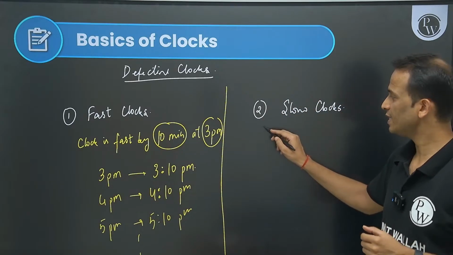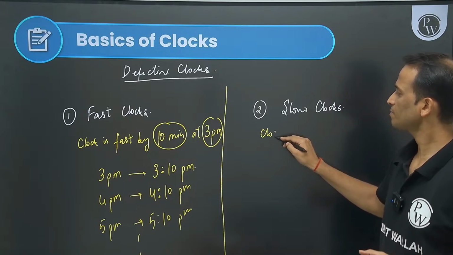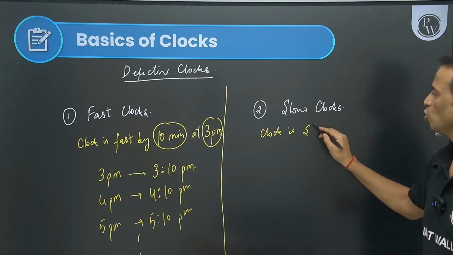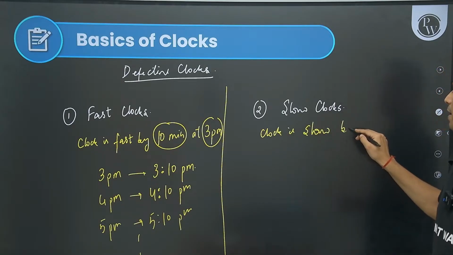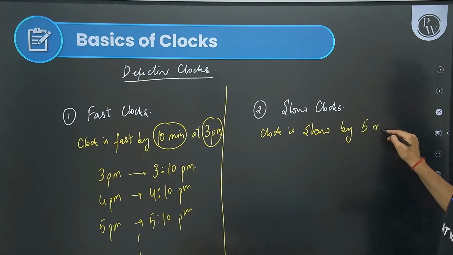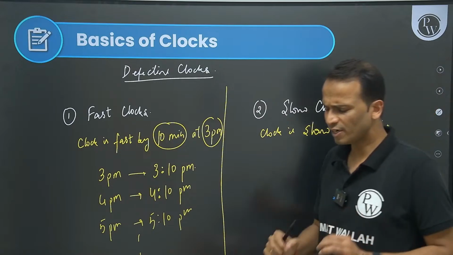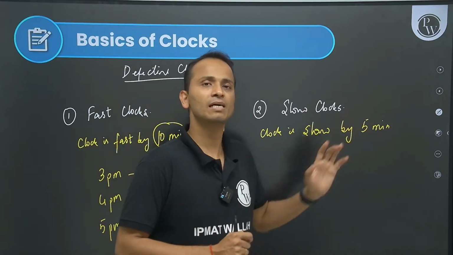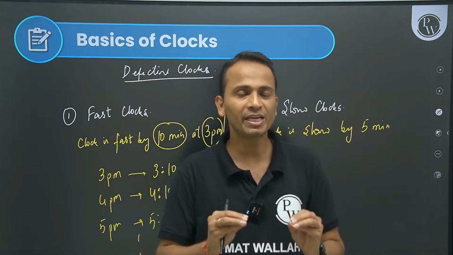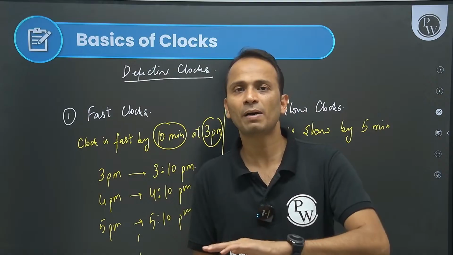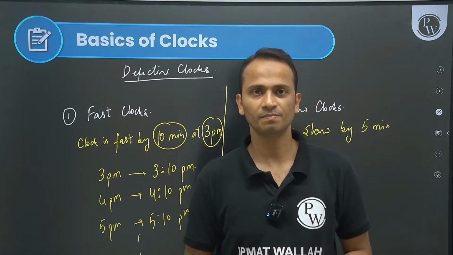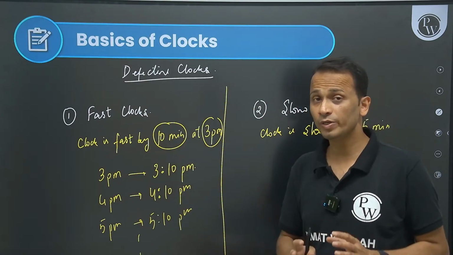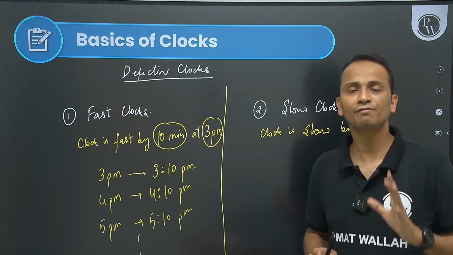Now similarly, let's talk about slow clock. So if you are given that a clock is slow by 5 minutes, तो इस चीज का मतलब क्या है? कि हमेशा ये करेक्ट टाइम से 5 मिनट पीछे का टाइम शो करेगी, okay, right? So it will always be behind the correct time by 5 minutes.